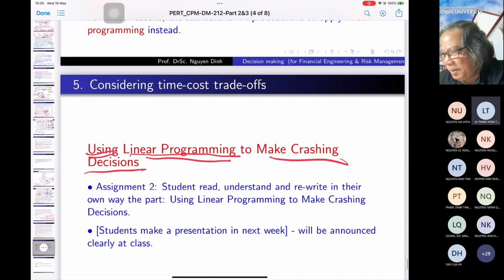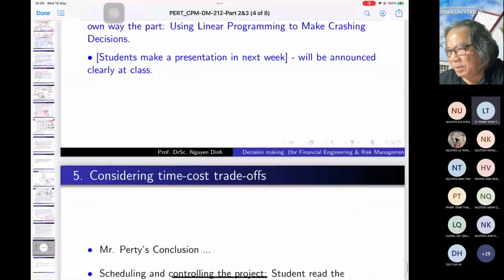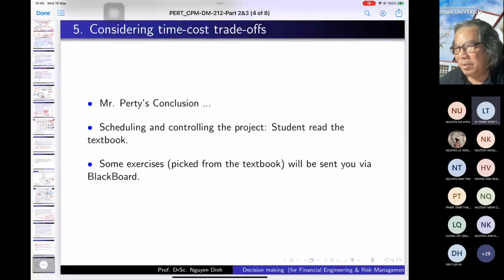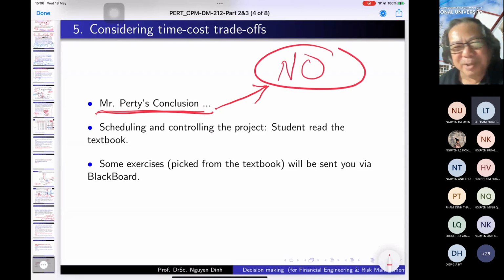So you see, until now, Mr. Perry's conclusion after calculating that is: do not try to reduce the time. 44 weeks is okay, and it's quite sure that you finish in time, because the probability of completing in 47 weeks is 85%.